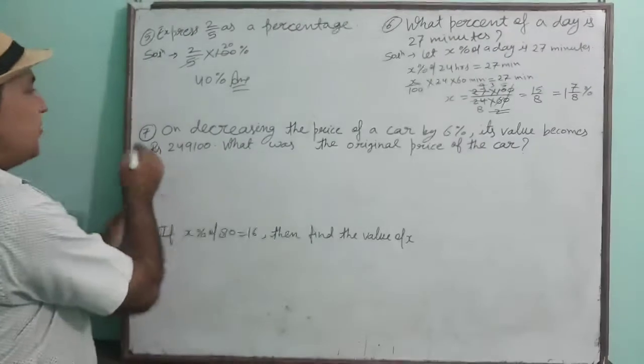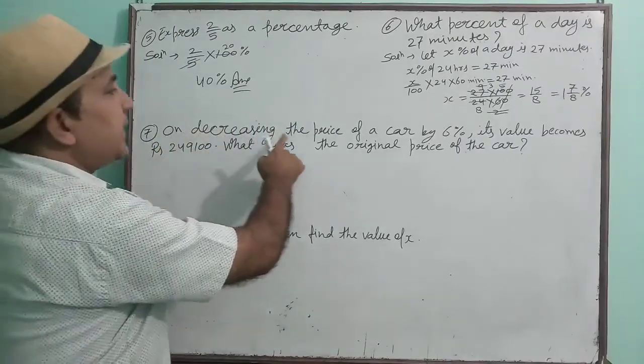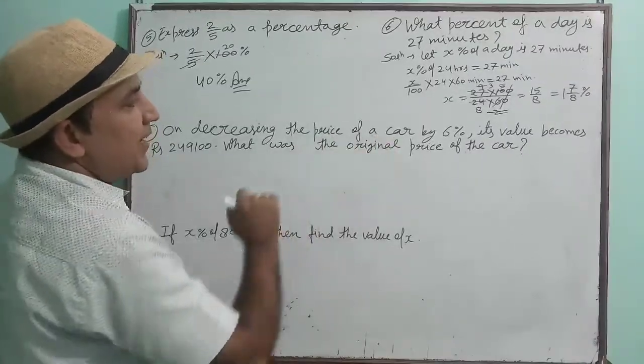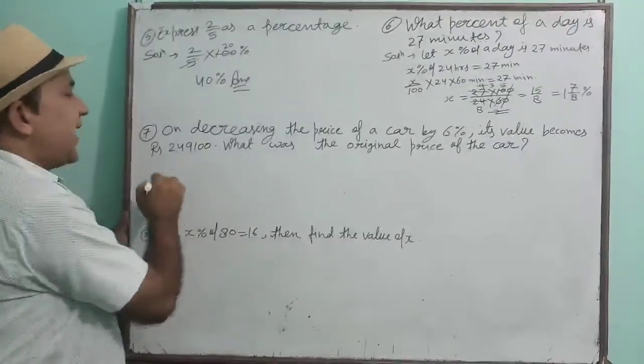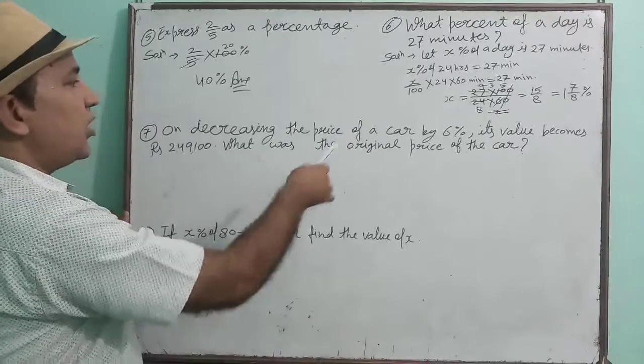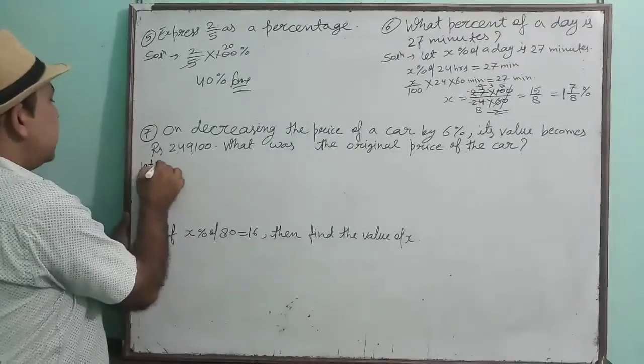Okay? Now see question number 7. On decreasing the price of a car by 6%, its value becomes 2,49,100. Then what was the original price?